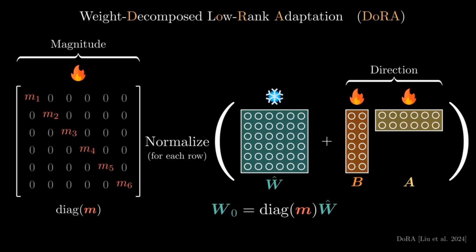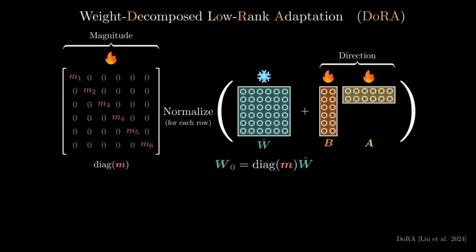This added flexibility lets DoRA behave more like full fine-tuning, while still using very few additional parameters. This matters because full fine-tuning tends to change a weight's magnitude and direction fairly independently, while LoRA's coupled update changes them together. And decoupling them is exactly what closes the gap.